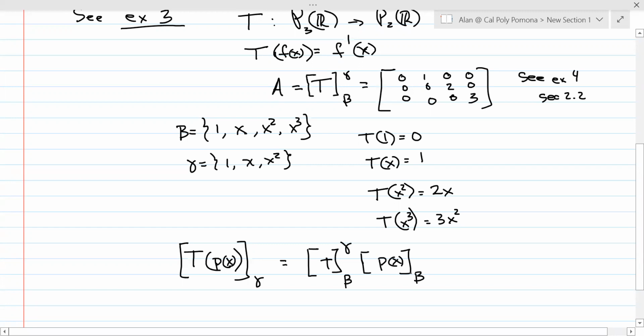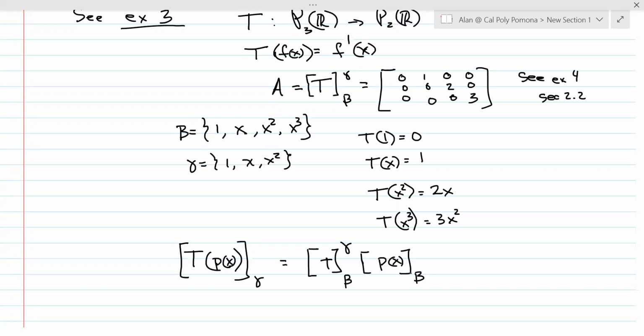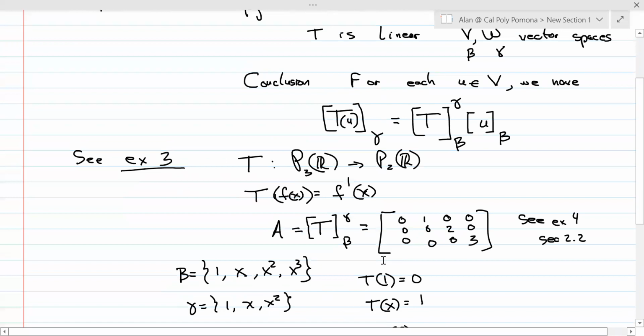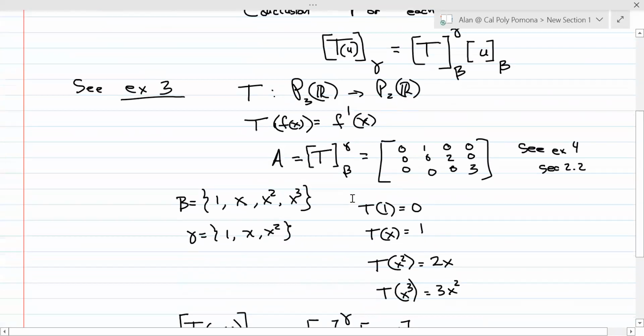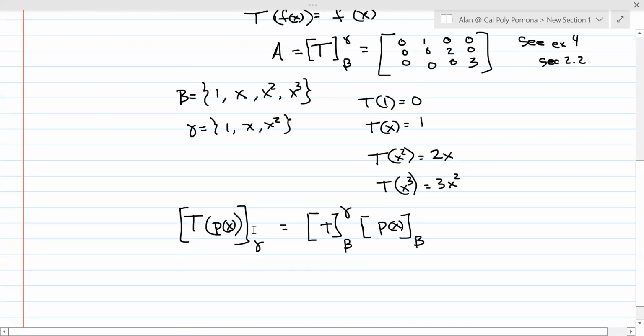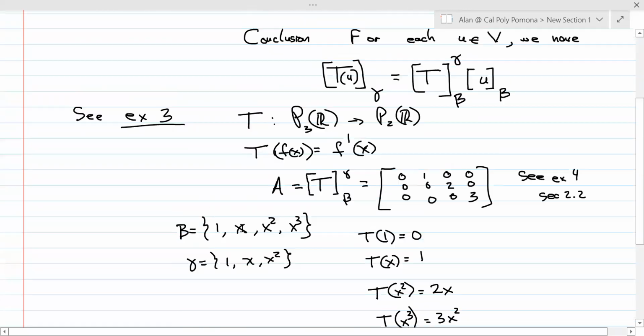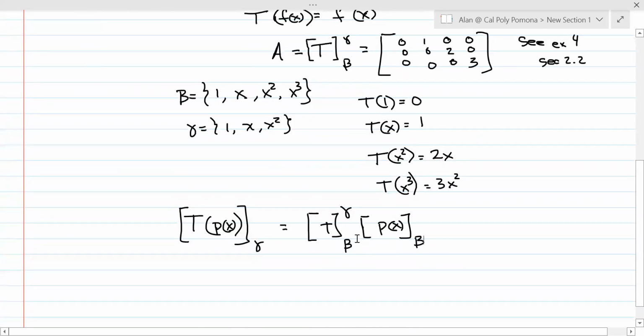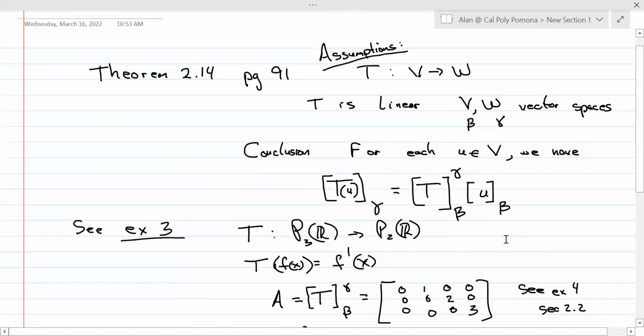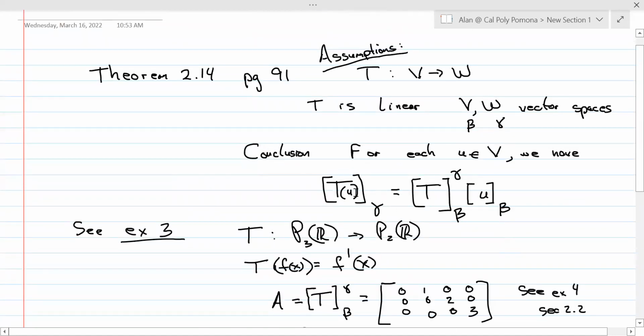So this is just a rewrite of this, where u is replaced by p of x, basically. If you replace u by p of x, some vector in V corresponds to some vector in here, which they're calling p of x. So this is what Theorem 2.14 looks like in this context.